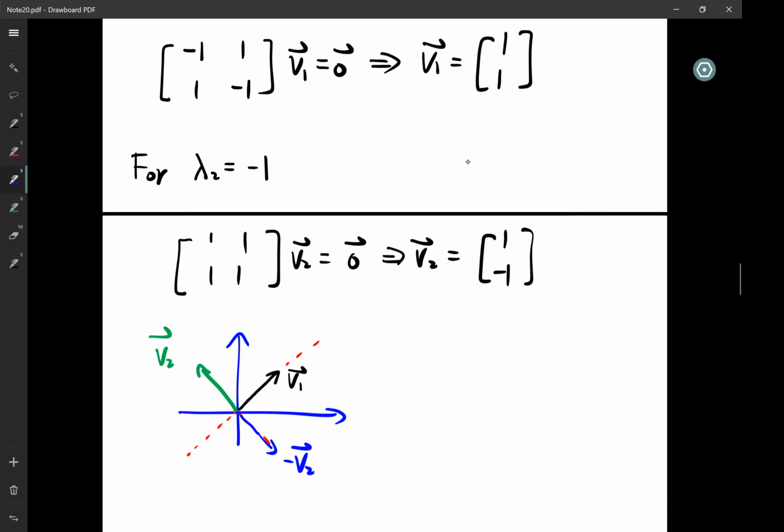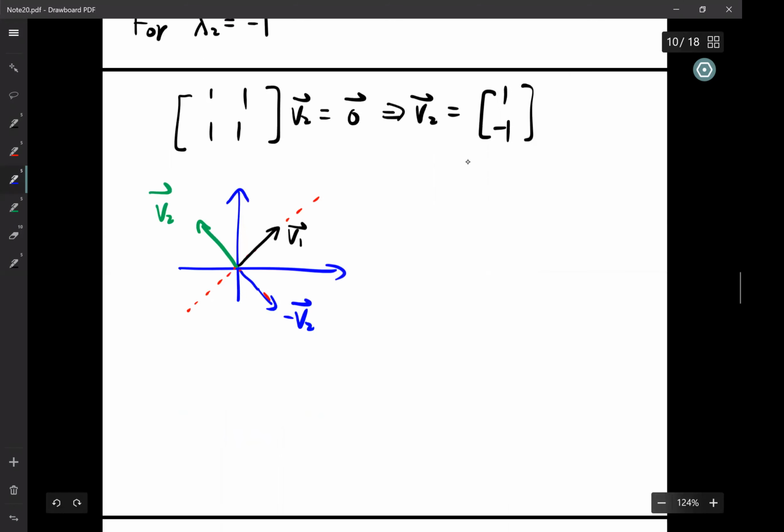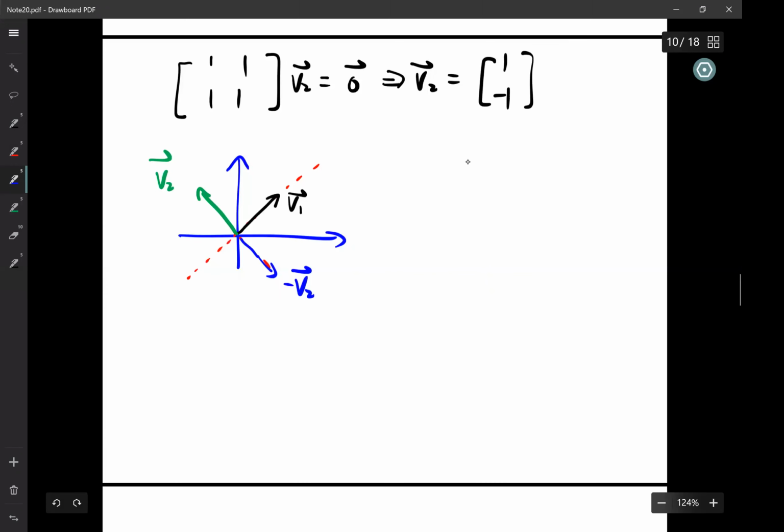So it is rather intuitive why V1 and V2 are eigenvectors: after applying A, only the magnitude changed, but not its direction. That means it didn't go out of the line. Okay, so this seems to be very straightforward.